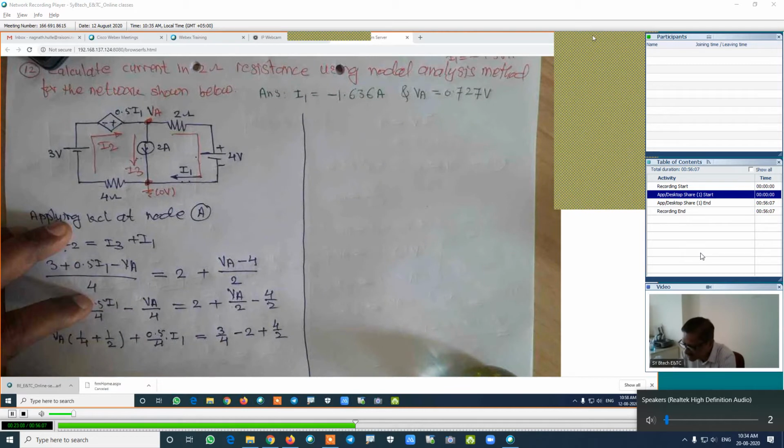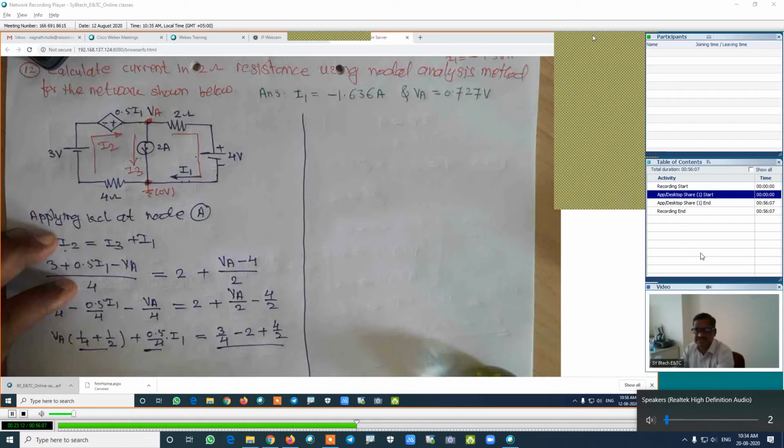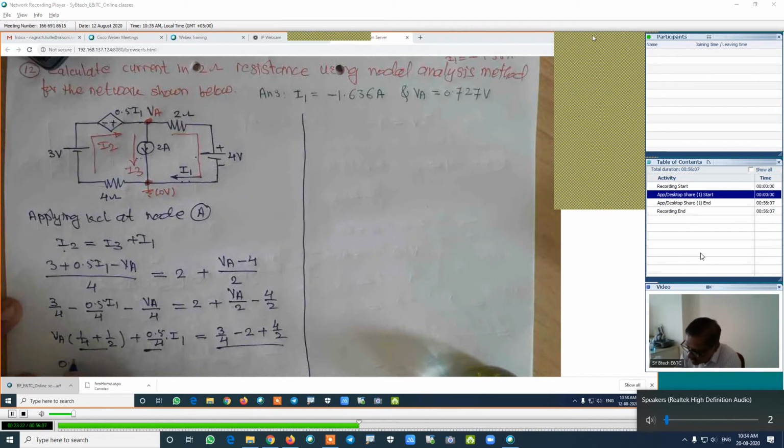Tell me this value, and this value. Yes, answers from your side. Saurabh, unmute yourself. 0.75 VA plus 0.125 I1, which is equal to 0.75, and this is equation number 1.